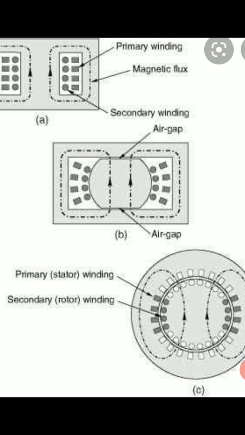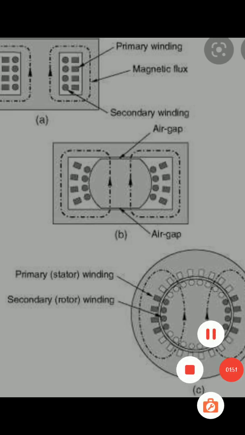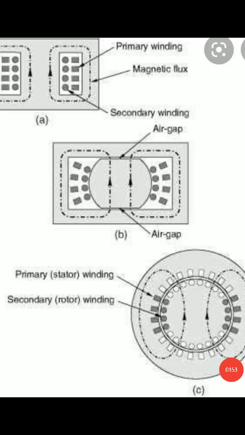Let E1 be the EMF per phase of the stator, and E2 be the rotor EMF per phase at standstill condition. Then we have the ratio E2 by E1 equal to N2 by N1 equal to K, which is our transformation ratio.